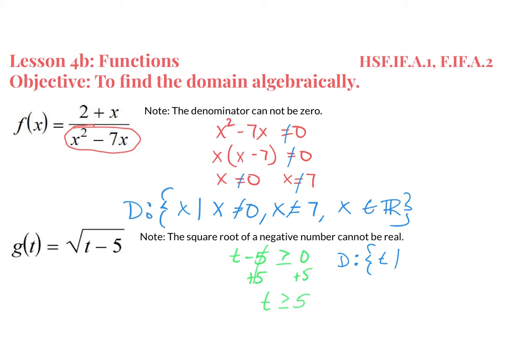So t such that t is greater than or equal to 5, where t is an element of the real numbers. In this case, because I'm dealing with an interval, I can also use my interval notation. So I'm going to say 5, well, 5 parentheses infinity.